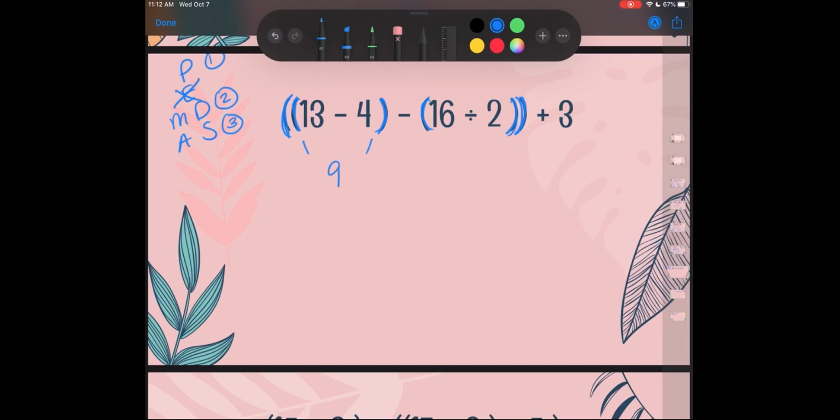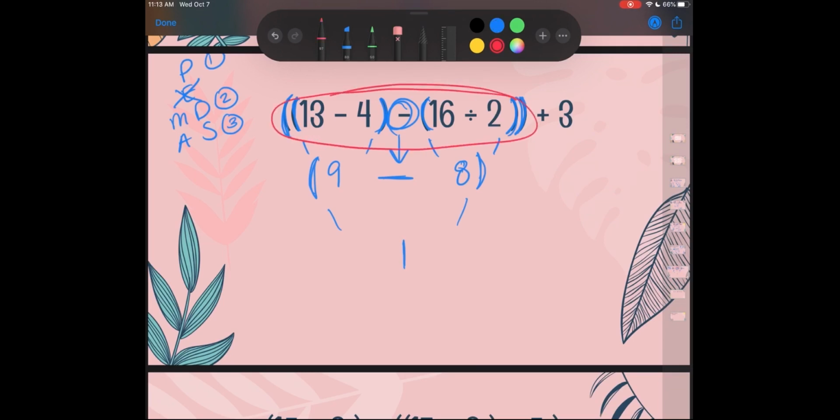Well, 13 minus 4 is 9. 16 divided by 2 is 8. So now my parentheses become 9 minus 8. Well, 9 minus 8 is equal to 1. So this whole thing became 1.